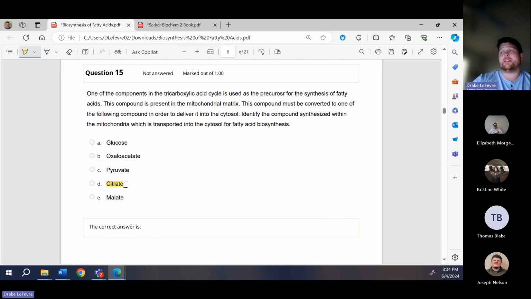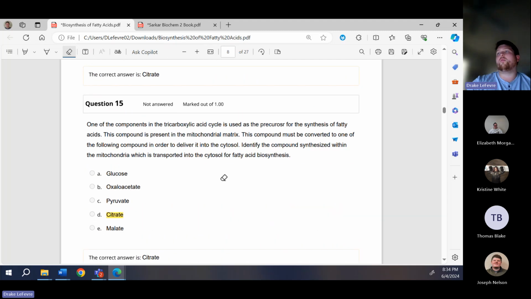The answer again is citrate. It's literally saying one of the components to make fatty acids is in the mitochondrial matrix. Identify the compound made within the mitochondria which is transported into the cytosol for fatty acid biosynthesis. Citrate. Same question as before, just a lot more words.